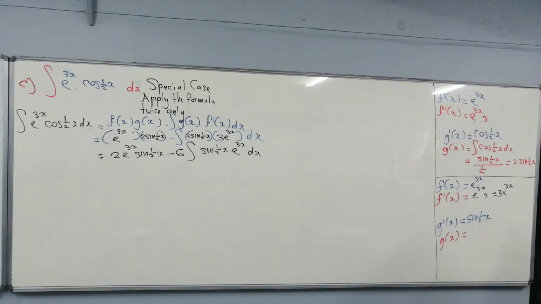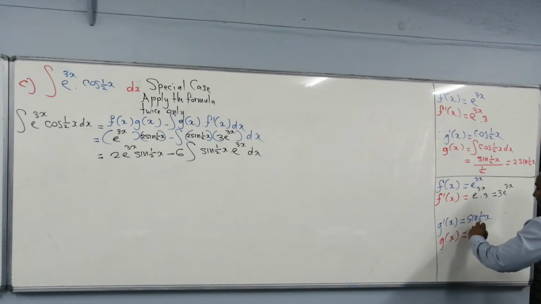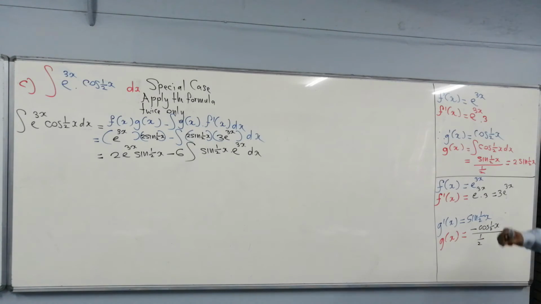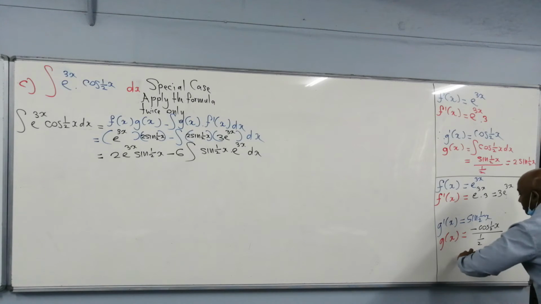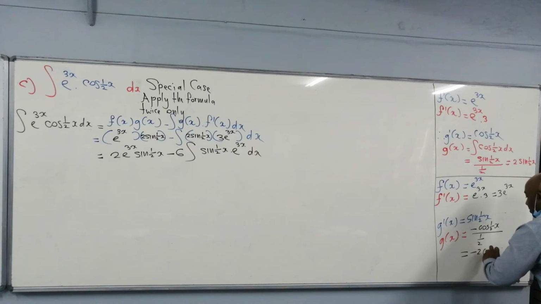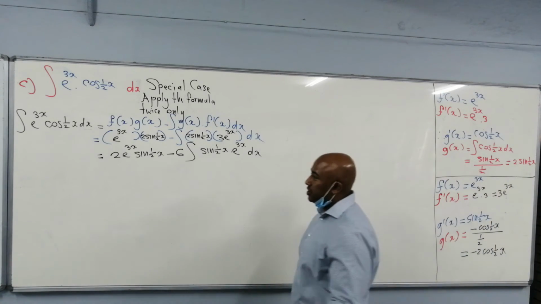Here you integrate sine, so it's going to become minus cos half x all divided by half. Remember, when you integrate sine, it's minus cos, but when you differentiate sine, it's positive cos. There's a difference here. You can't leave it like this. You are dividing by half, so invert and multiply, so that becomes minus 2 cos half x. So now it is ready for substitution.